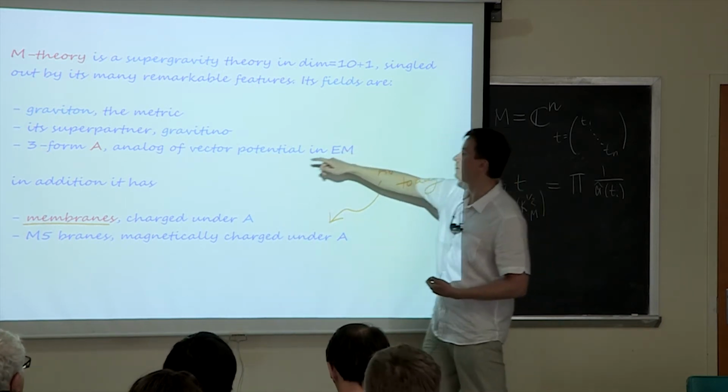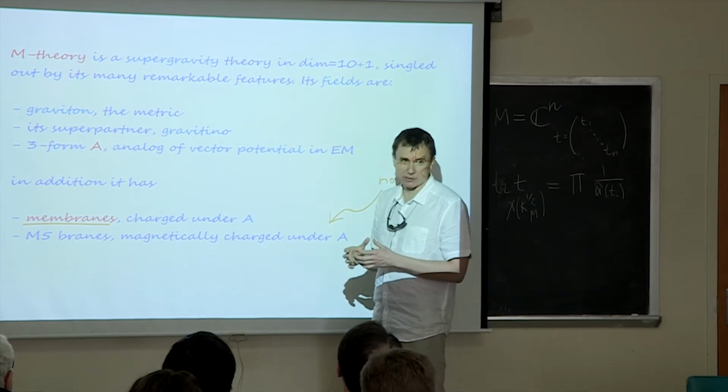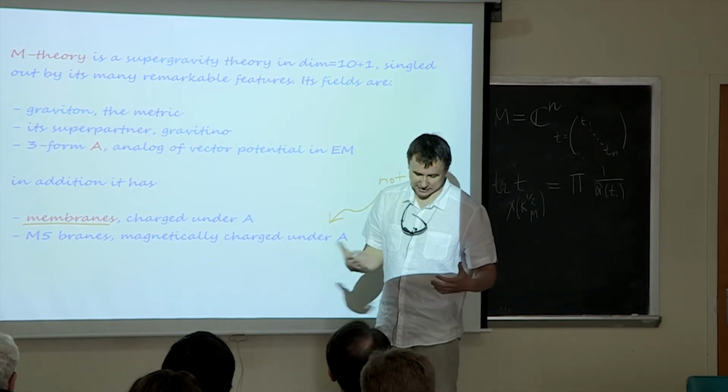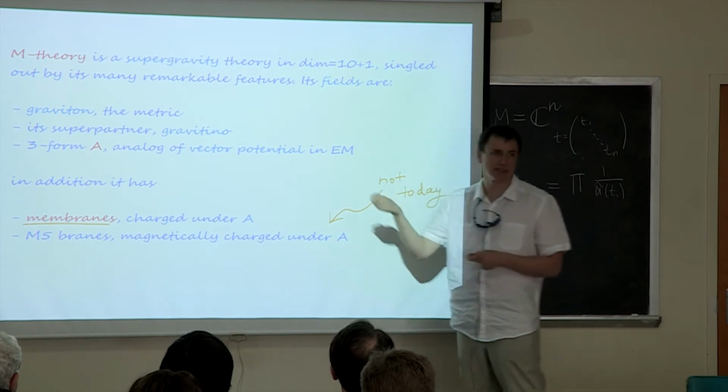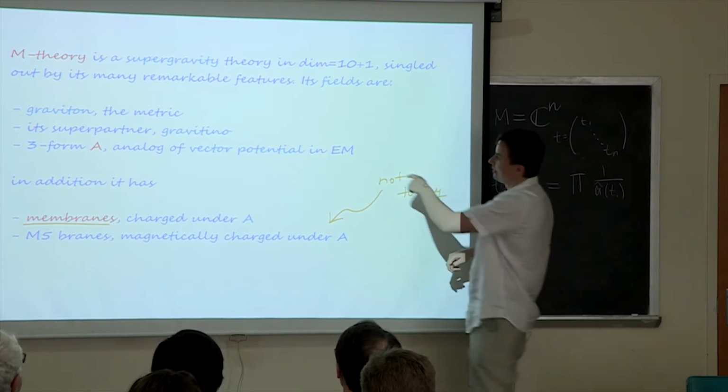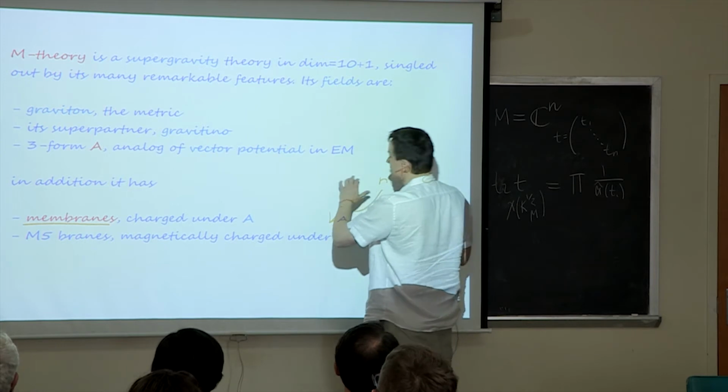It's called the gravitino. The metric is a symmetric traceless tensor, a representation of SO5. And in addition it has a 3-form, which you should think of as an analog of the vector potential in electromagnetism, and the extended objects, which we'll talk about.